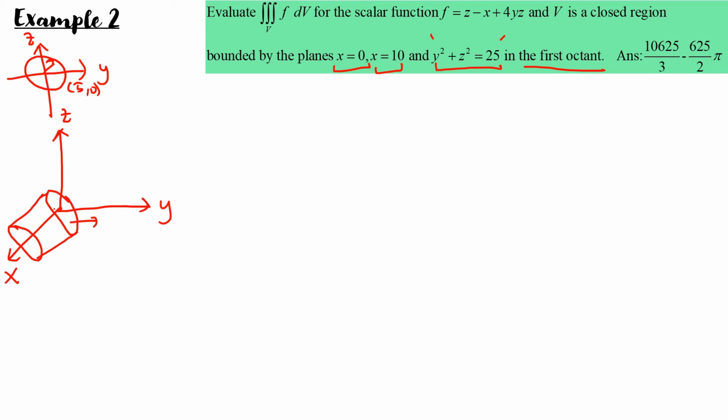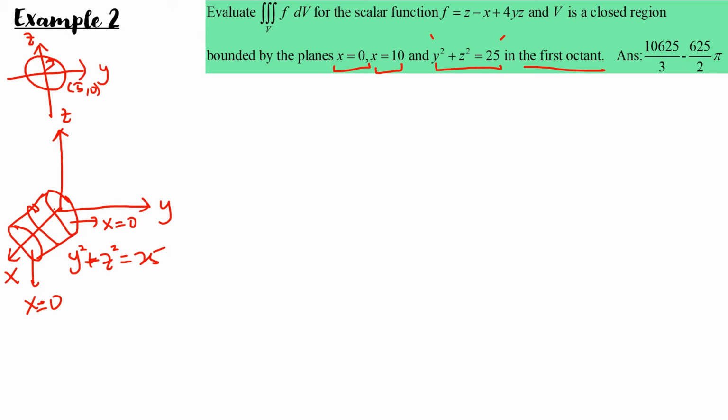This is x equal to 0, the bottom of the cylinder located at the z and y axes. This is x equal to 10, and this one is y squared plus z squared equal to 25. Can you see it? The cylinder is located along the x-axis, and its height is along the x-axis.